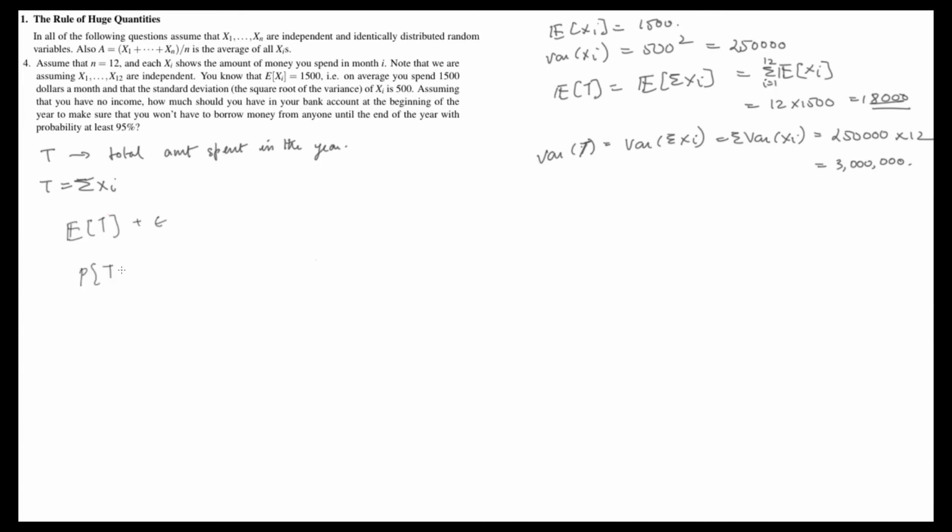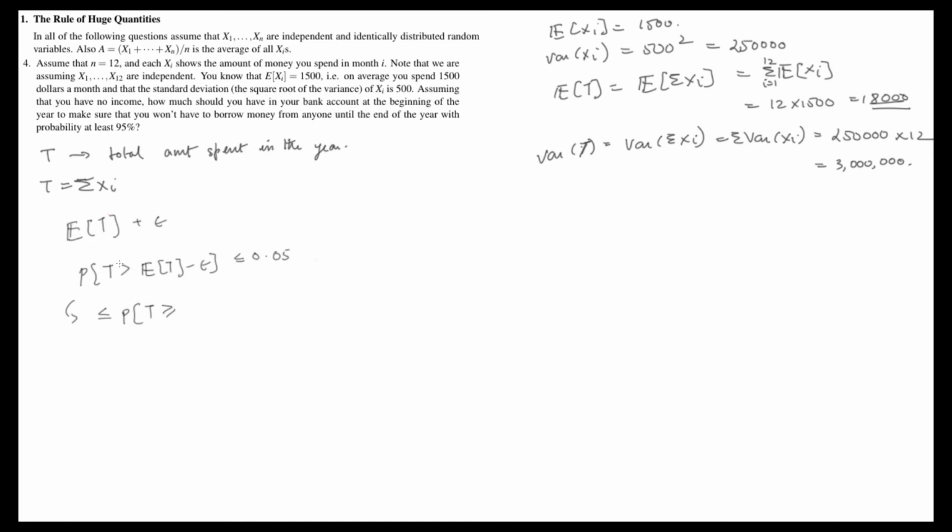So let's look at the probability of the expenditure deviating. We want this to be less than or equal to 0.05. Now let's do a series of inequalities. This is less than or equal to the probability of t greater than or equal to the same thing.